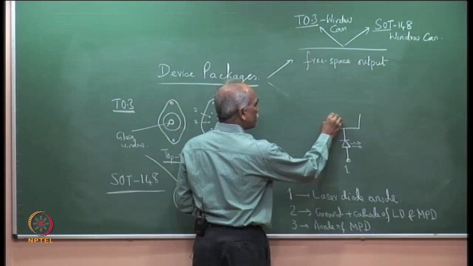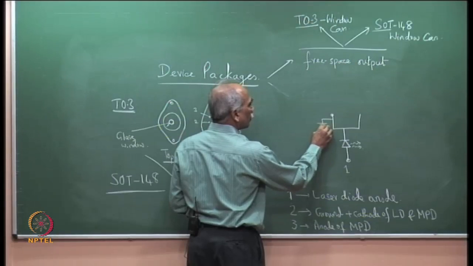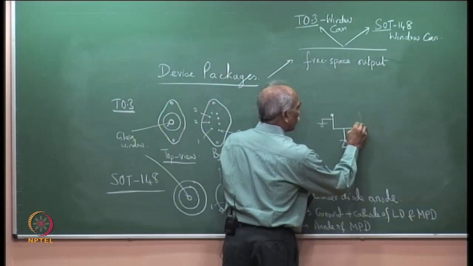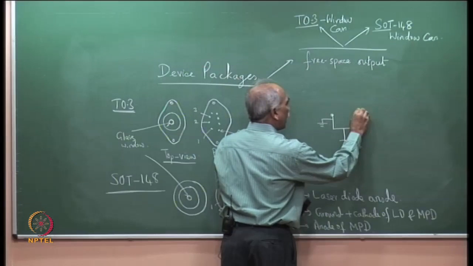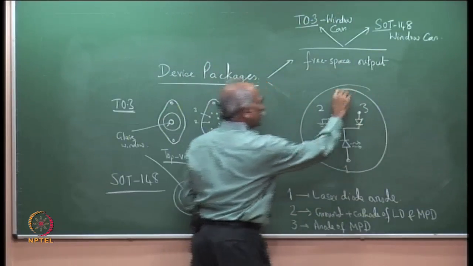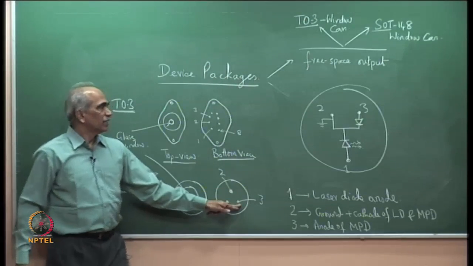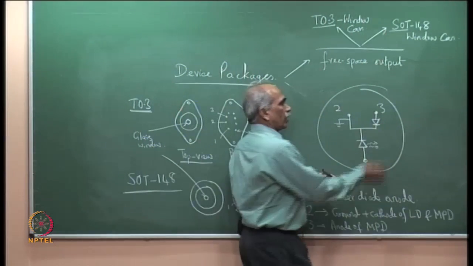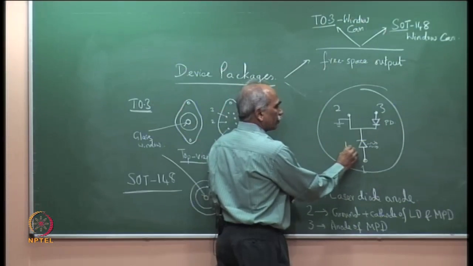This is terminal 2, which is grounded to the case ground. And here at terminal 3 we have the monitor photodiode. This is 1, 2, 3. Terminal 2 is a common cathode here. This is the monitor photodiode, the photodetector MPD, and this is the laser diode.